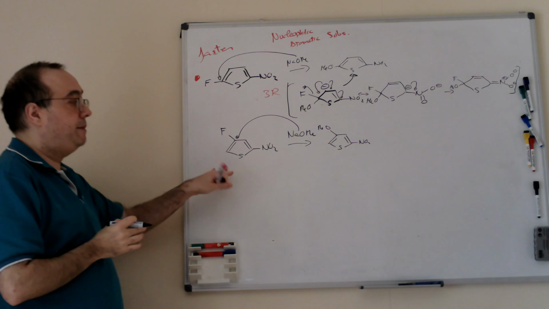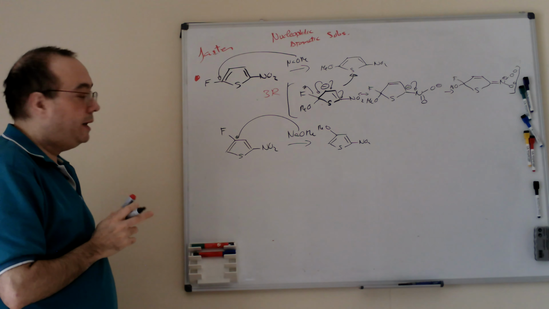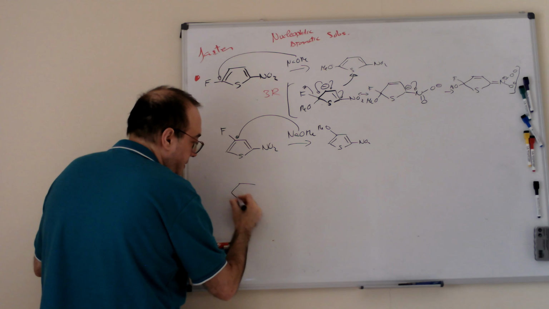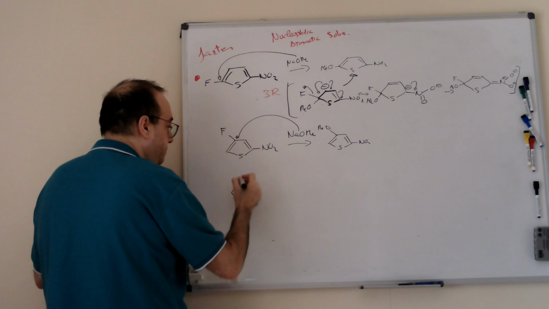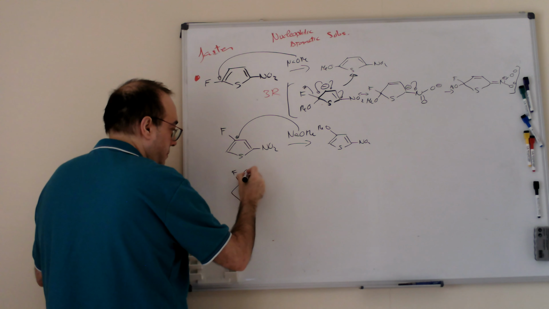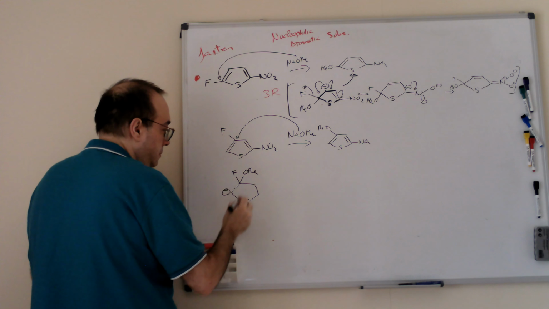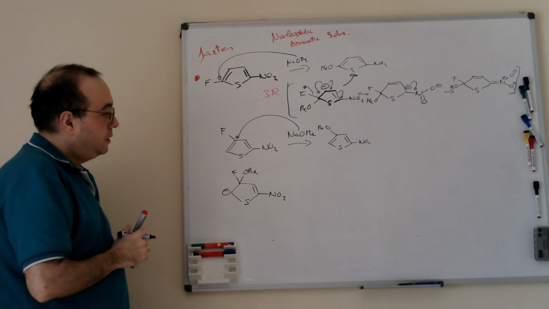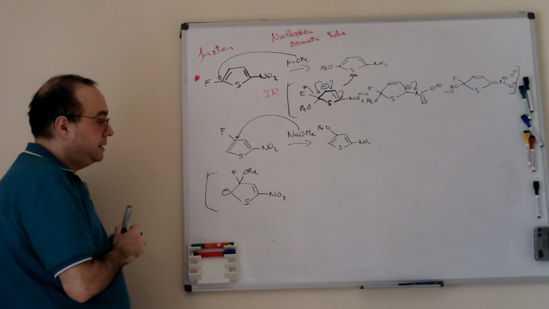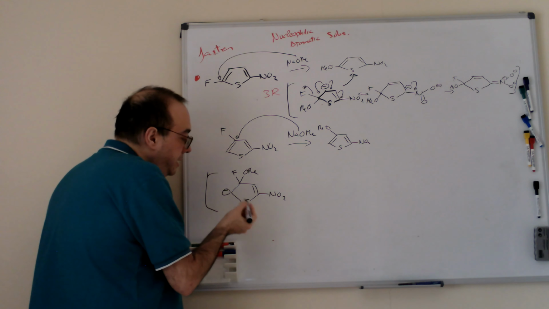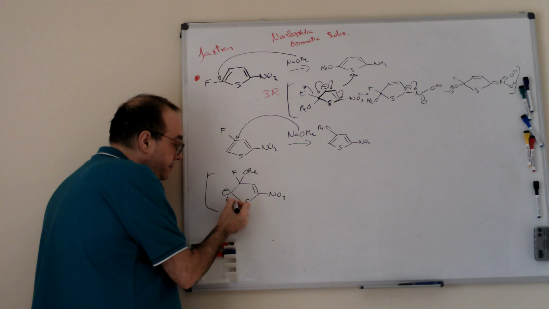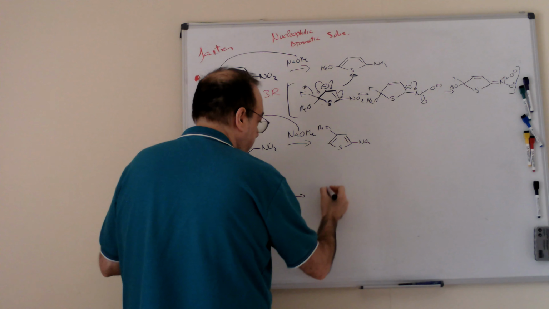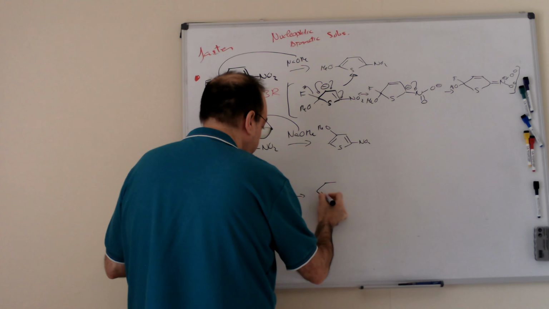If we do exactly the same in the second compound, we get a very similar intermediate. In this case we can think that maybe we have this other form, but this is because the sulfur can expand the octet.